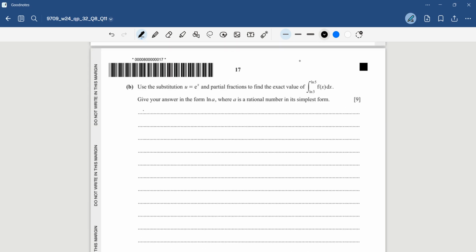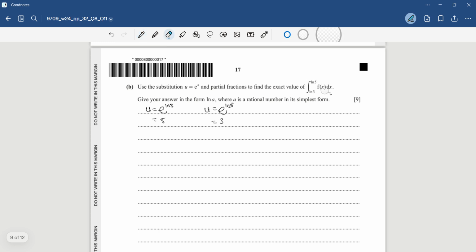We also need to change my limit and also my dx. So for my limit, u equals e^(ln 5) which is 5, and u equals e^(ln 3) which is 3.